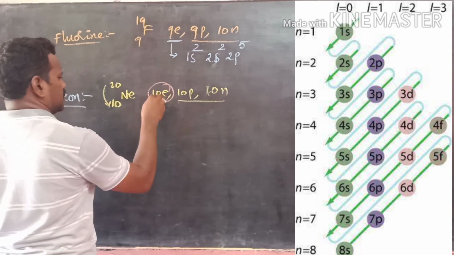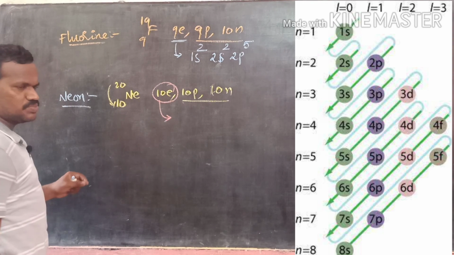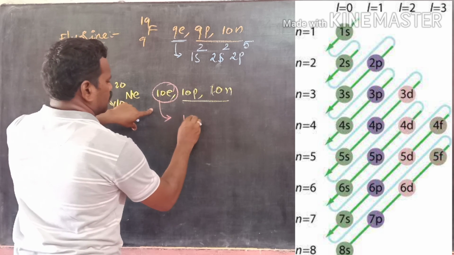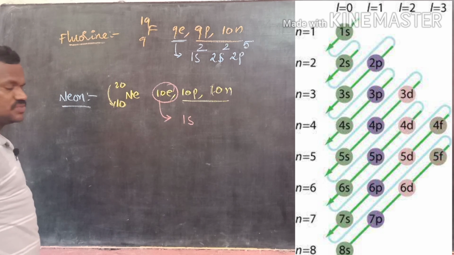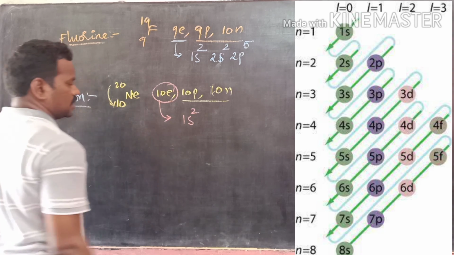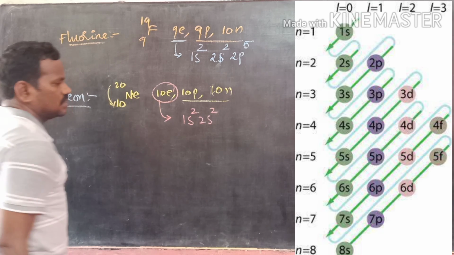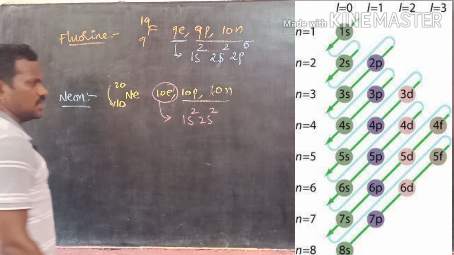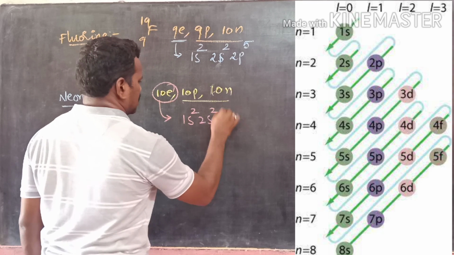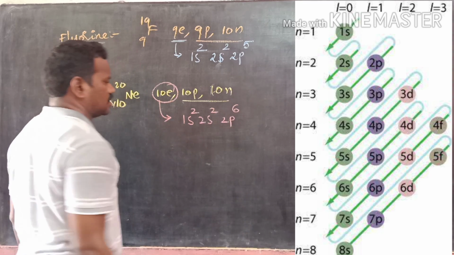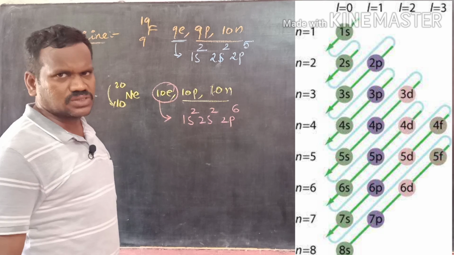And what about these 10 electrons? As per the Aufbau principle, first they occupy the lowest energy orbital, that is 1s. S can accommodate 2 electrons. Next energy orbital is 2s, 2s also can accommodate 2 electrons. The next orbital is 2p. It can accommodate a maximum of 6 electrons. The left electrons are also 6.